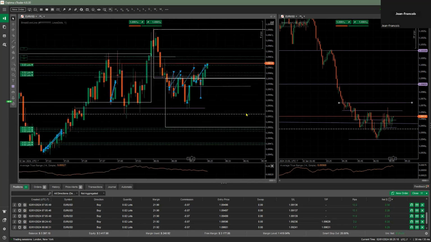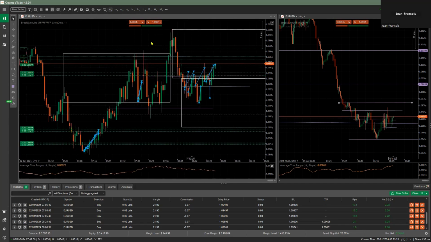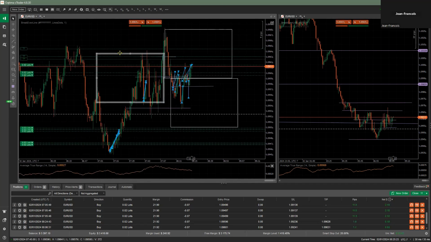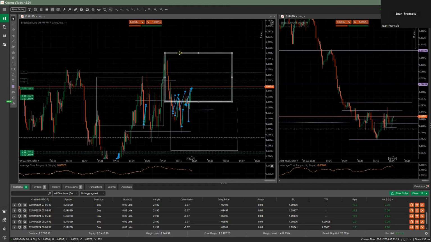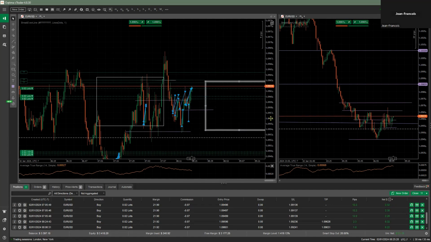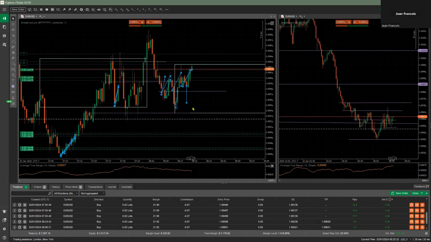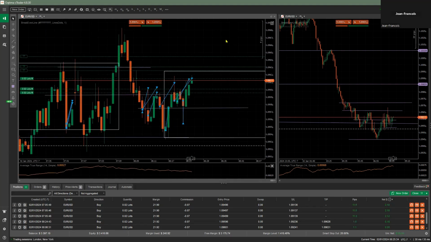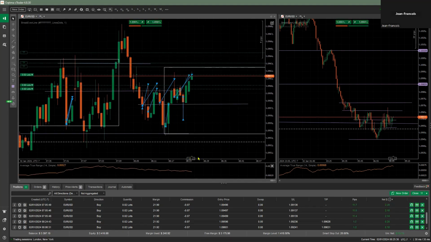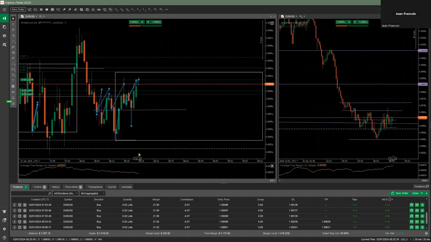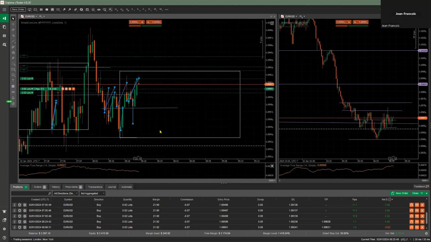All right, so looking at this formation here, what if we were to remove the boxes and then reset on this swing low right there? And then from this swing low, we would expect or anticipate price to remain in the box, right? Just go sideways in the box.